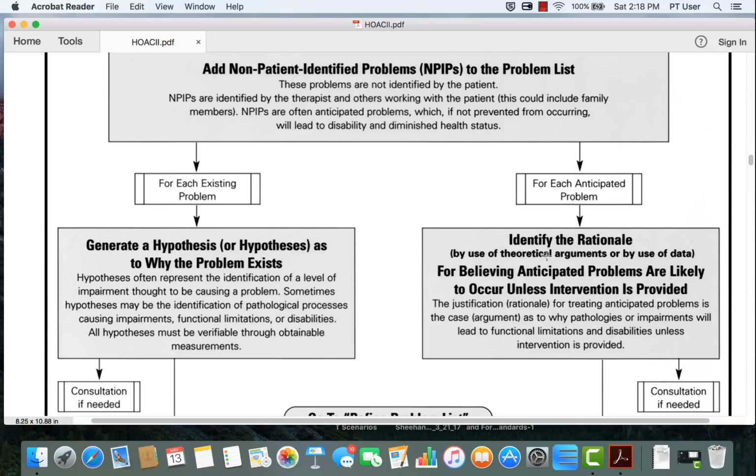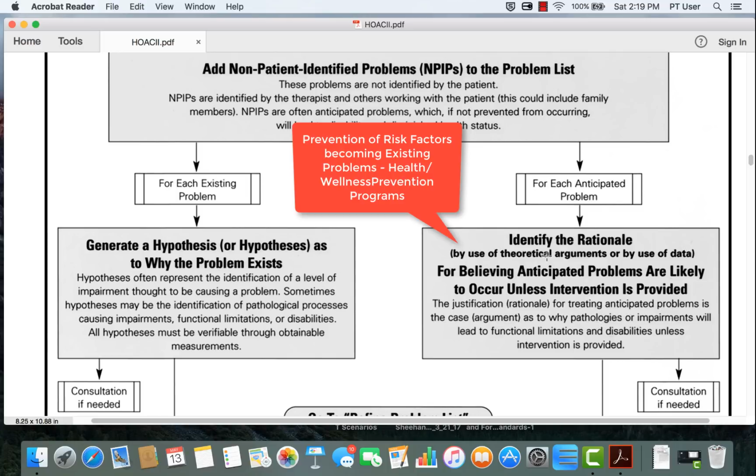Let's stick with our walking. So if we take our patient who's walking and they're having difficulty walking, okay, so the patient's having difficulty walking.